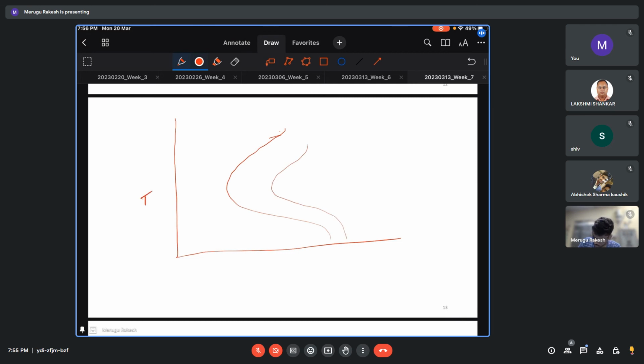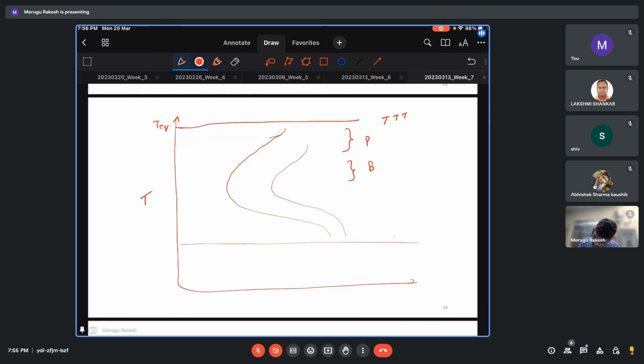Assume these are the TTT curves. I will end the session with these two topics. Here we have the equilibrium temperature. Then we have the pearlite region, the bainitic region, and then the martensitic region.